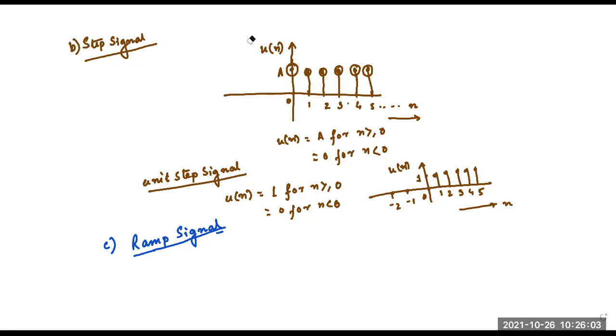So what is the definition of this signal? I am just telling you unit ramp. A ramp signal and a unit ramp signal will be different. If it is a unitary value, then it is a unit ramp, and if it is any arbitrary value, then it is a ramp signal. I am defining it by unit, that's why it will be okay for you.